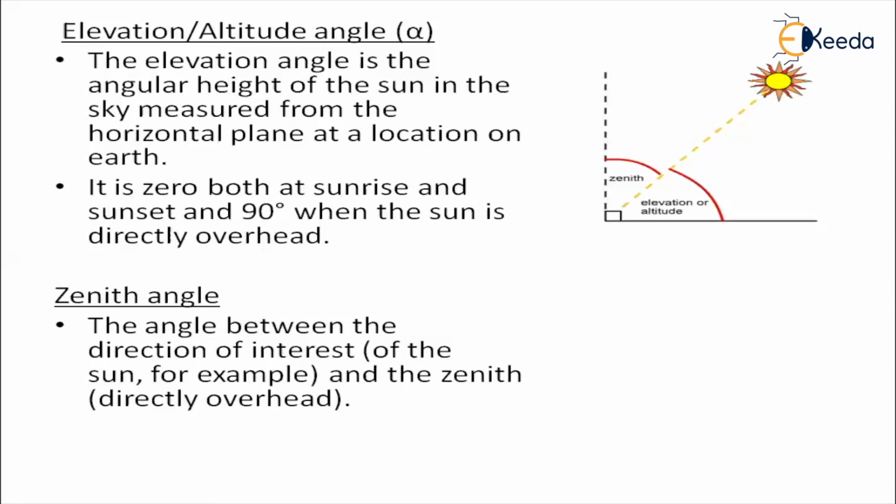Altitude means how much height the place is above sea level. Whenever we write about any one place, we talk about latitude and longitude, and we also talk about the altitude, how much height above mean sea level that place is.